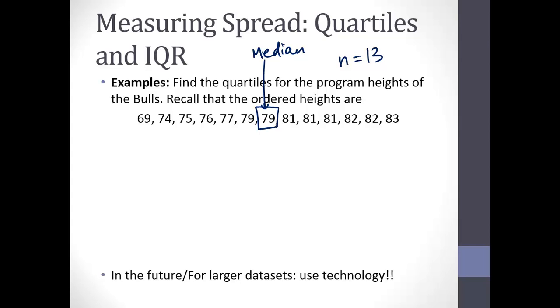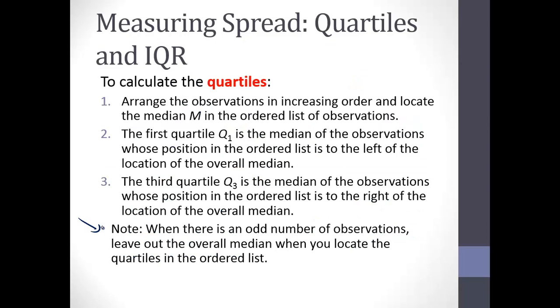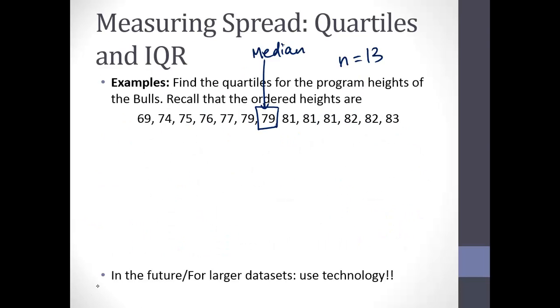Now we want to calculate the first and third quartiles. Thinking back to the note we just mentioned, when we have an odd number of observations, we leave out the overall median when calculating the quartiles. So now we just need to find the median of this group and the median of this group.